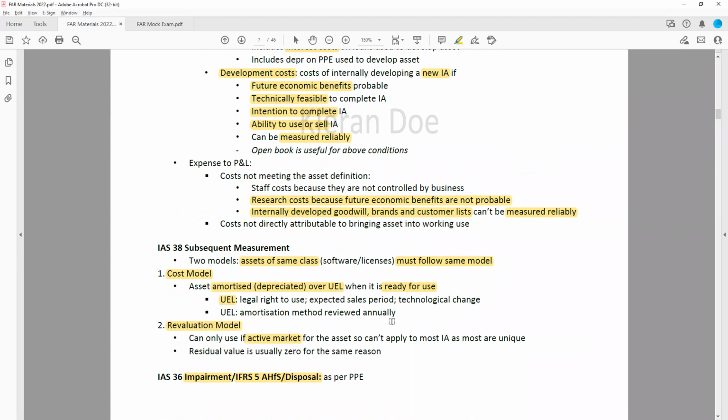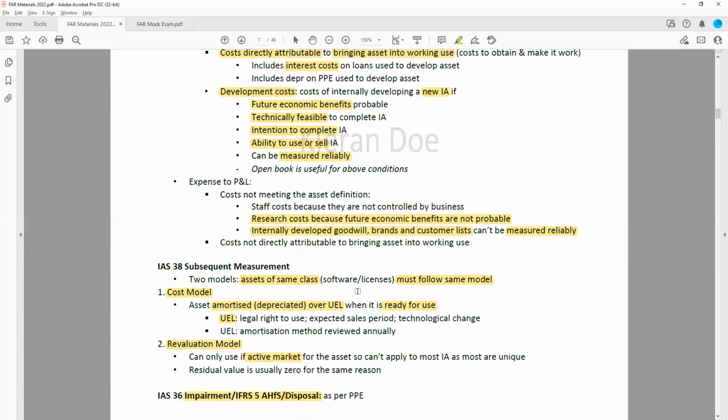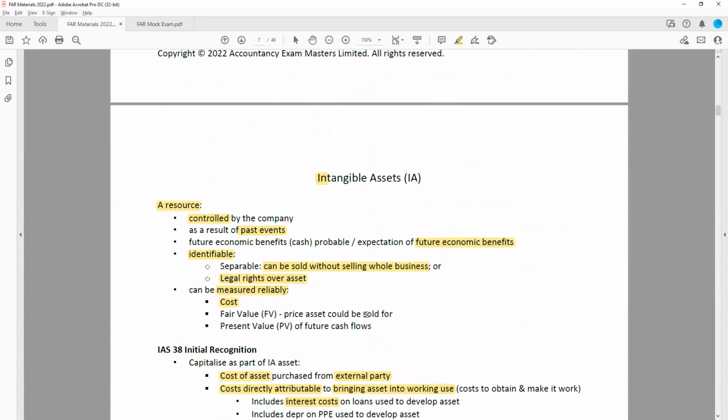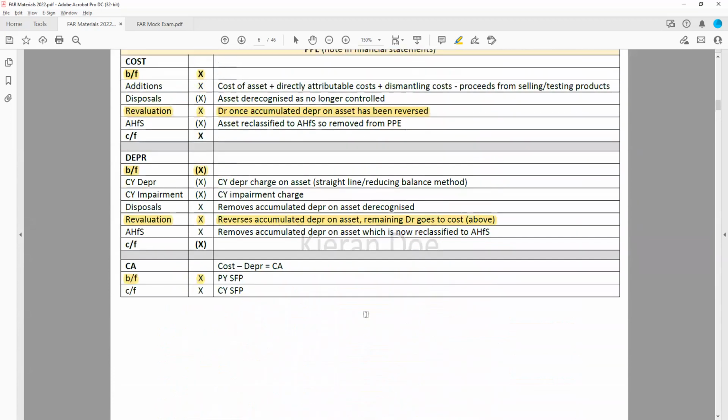And again, that's why you probably wouldn't have a residual value as well. I mean, some intangible assets, possibly something like licenses, if there are other licenses being sold in a market for a comparable or ideally identical service or use. So it is possible, but it is much more infrequent.